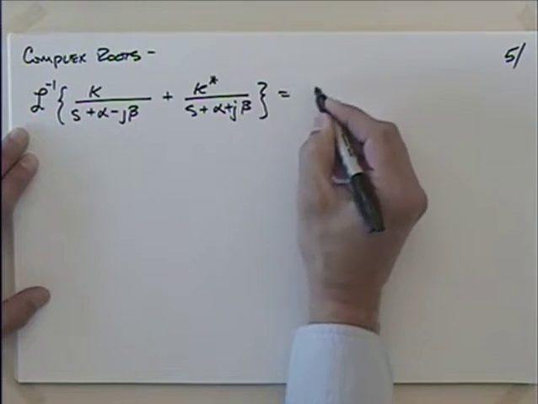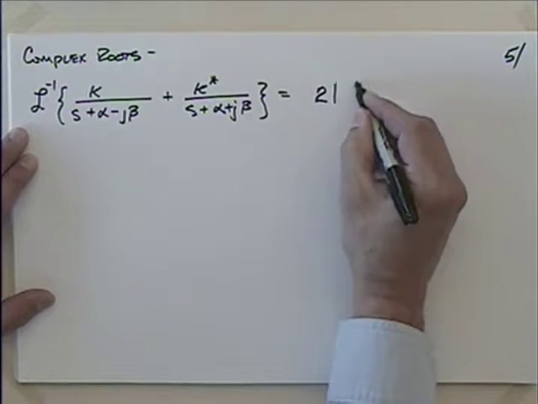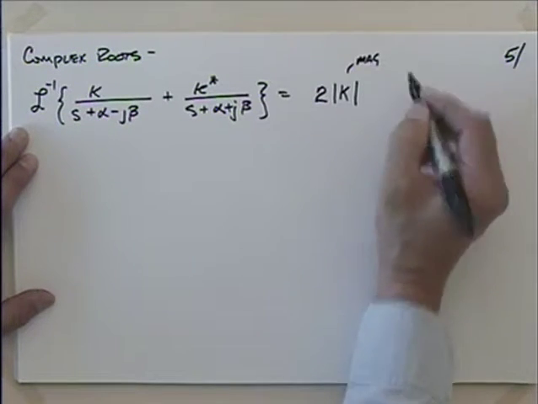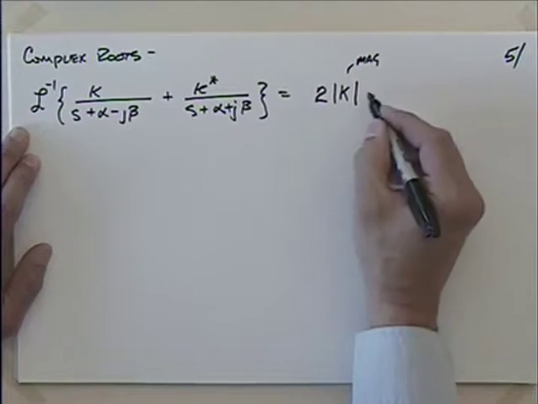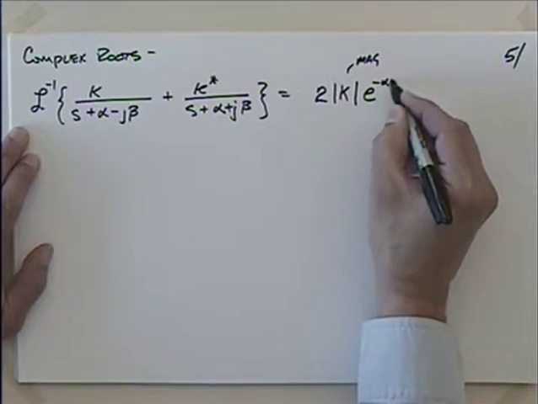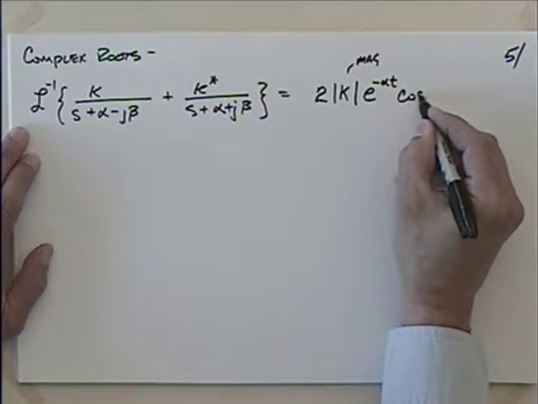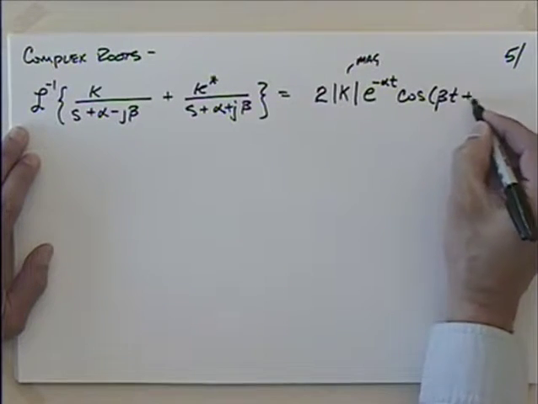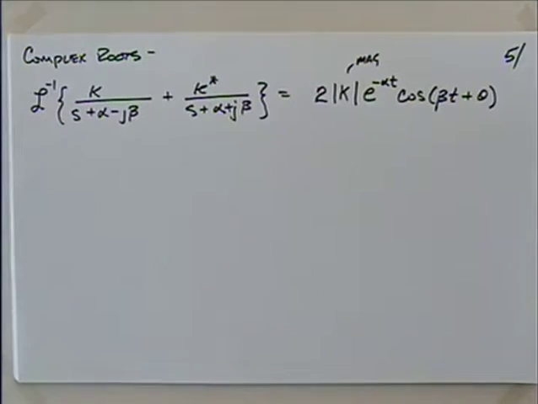We could say that this is equal to 2 times the absolute value of k, which is really the magnitude of k, because k is a complex number, times e to the minus alpha t times the cosine of beta t plus theta. Okay, so we saw that in the past. That's probably one of those things to just write down in your notes and continue on. But let's do better than that now.